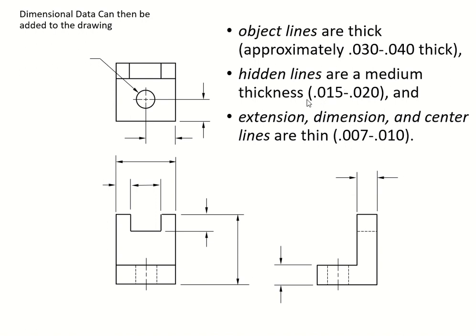Hidden lines are about 0.015 to 0.02. And extension, dimension, and center lines are thin, at about 0.007 to 0.010. So that's pretty thin. Therefore, it's really important if you are doing hand-drawn, not application-drawn, work, that you have different drawing pencils with different thicknesses of lead.